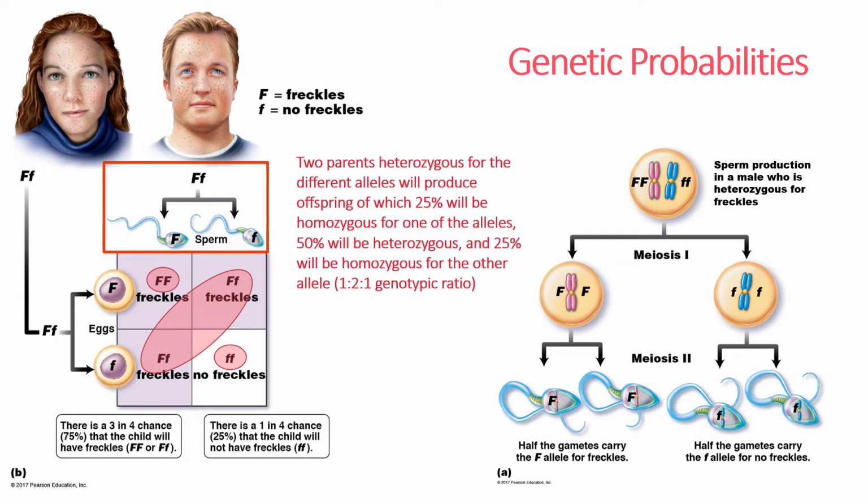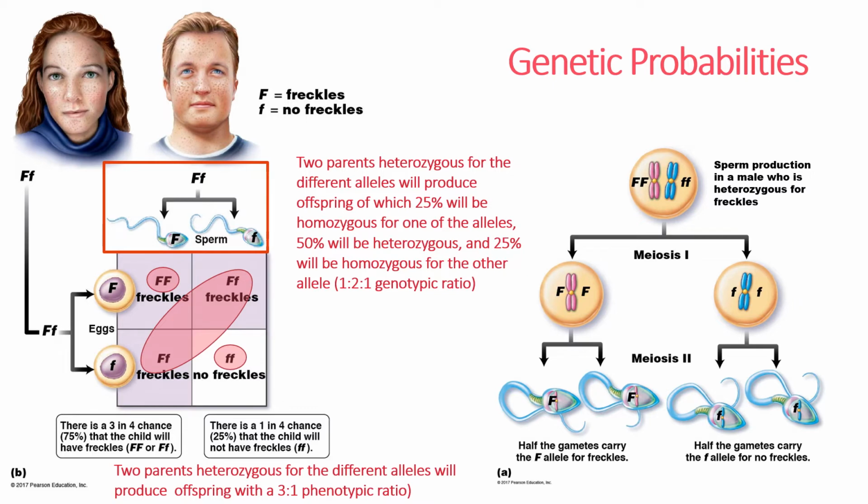The genotypic ratio then is 1 to 2 to 1. The phenotypic ratio, however, is 3/4 of their offspring will be freckled, and only 1/4 of their offspring will not have freckles. Therefore, the phenotypic ratio is 3 to 1.